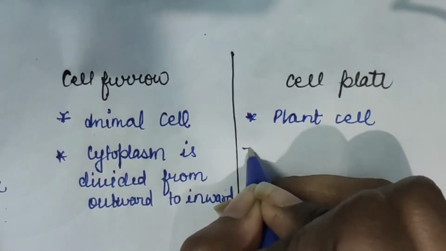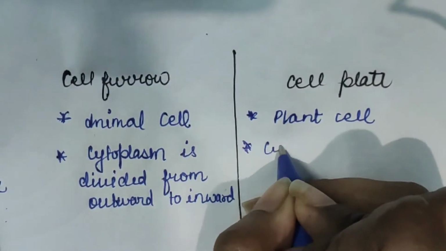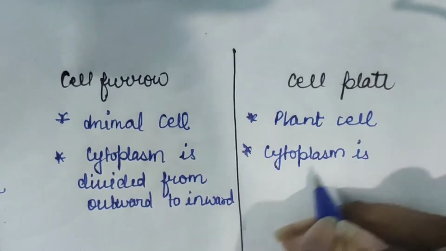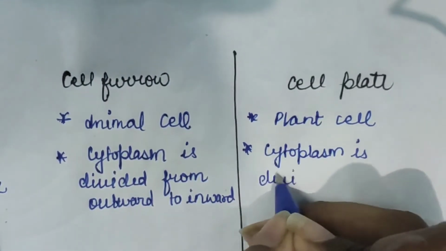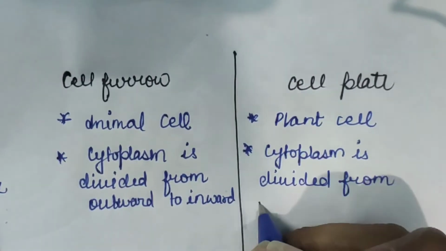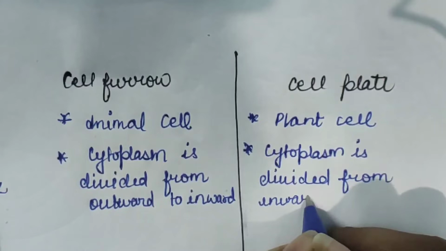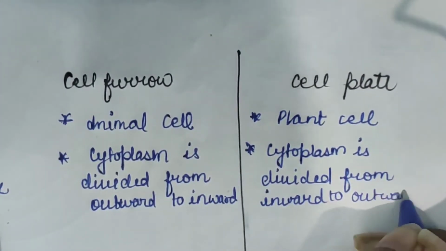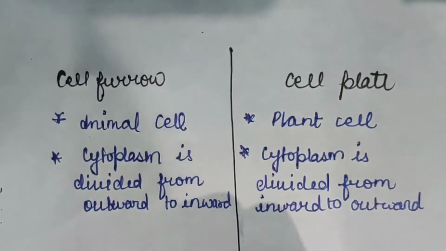Okay, where in the case of cell plate method, cytoplasm is divided from inward to outward.